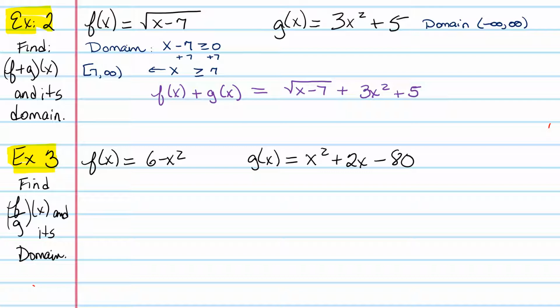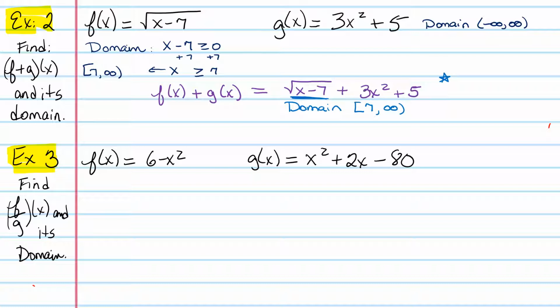However, the domain of our new function is going to match the original domain of the f function, because the domain of this one is basically controlled by the domain of that radical. So the domain of this one is also going to be 7 to infinity.